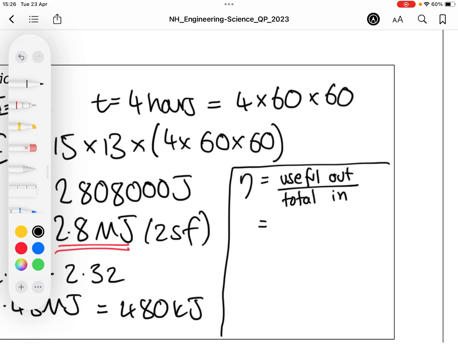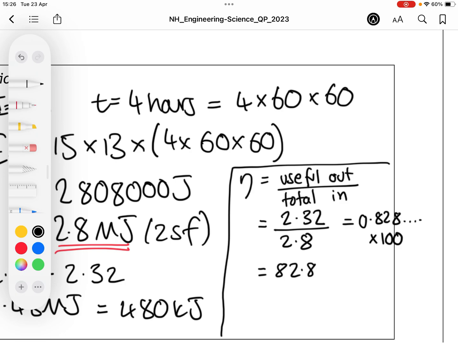And so in this case, I've got my useful energy out is 2.32, and I've got my total energy in as 2.8, and that gives me 0.828, etc. So what I'm going to do is times that by 100 to give it to me as a percentage. So that gives me 82.8 and so on. So I'm going to say that that is 83% efficient.